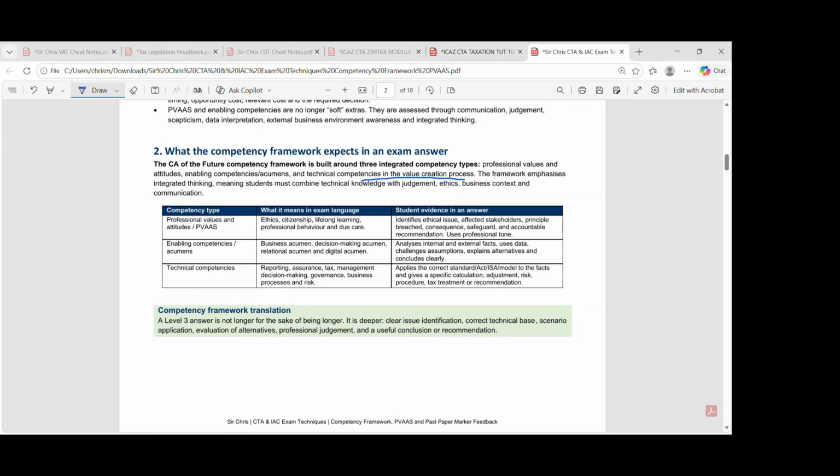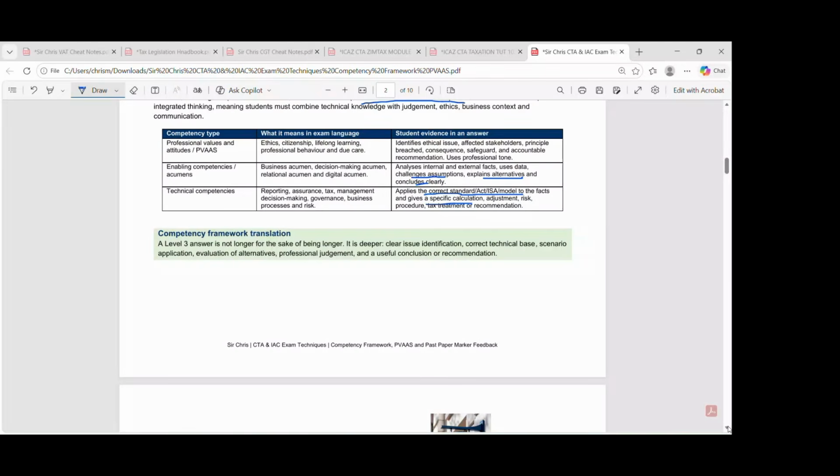Please, let's look at both sides. So analysis: internal facts, use data, challenge assumptions, explain alternatives, and conclude clearly. Then for technical, you are applying the correct standard, Act or model to the facts, and give a specific calculation, adjustment, risk, procedure, etc. So the answer is not longer for the sake of being long.